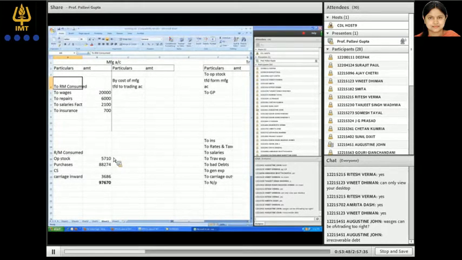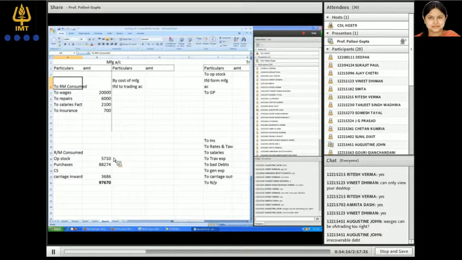Wages can be of trading too. John, in this question they have asked you to prepare the manufacturing account. Right. Now wages are paid to the laborers. If we are preparing a manufacturing account, it means we are manufacturing something. So in that case, the labor would be engaged in the manufacturing setup only.